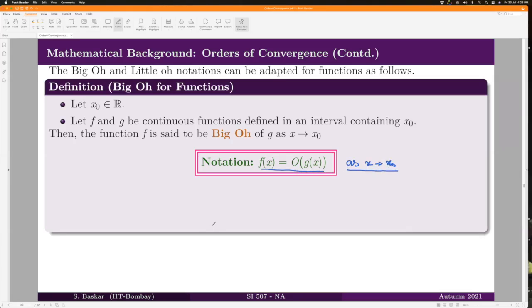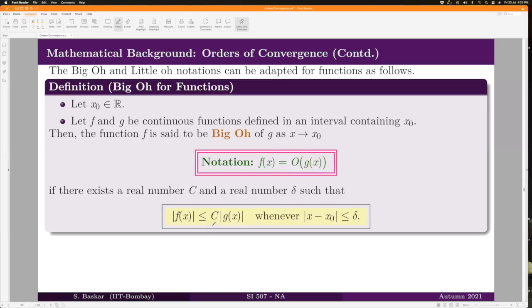We say that f is big O of g if there exists a real number c and a real number delta such that modulus of f of x is less than or equal to c times modulus of g of x whenever modulus of x minus x naught is less than or equal to delta. That is, we have this point x0 and we are interested in seeing how two functions f and g approach the point, say, alpha as x tends to x0.